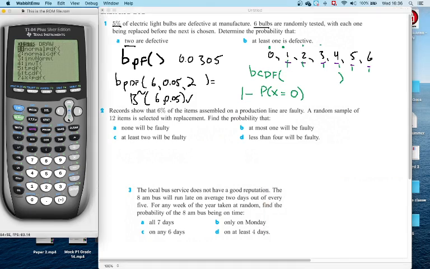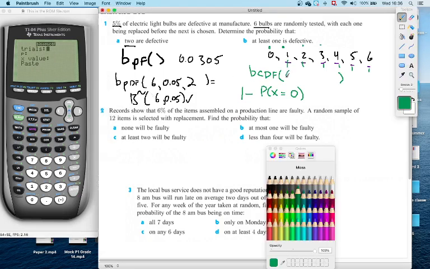So distribution in this case. So Cdf, if we press enter, the number of trials in this case again is 6. We already know our success rate, it's our probability of 0.05. And our value that we're looking for is 0 because we're going to go 1 minus that quantity after to get all the other values from 1 to 6.